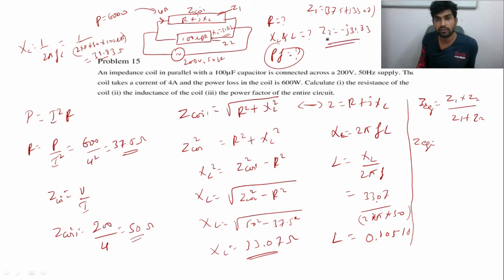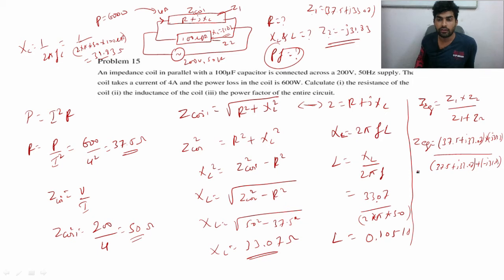So Z1 is this one, Z2 is this one. I'll substitute over here: 37.5 plus J 33.07 into Z2, minus J 31.83, divided by Z1 plus Z2, 37.5 plus J 33.07 plus minus J 31.83.